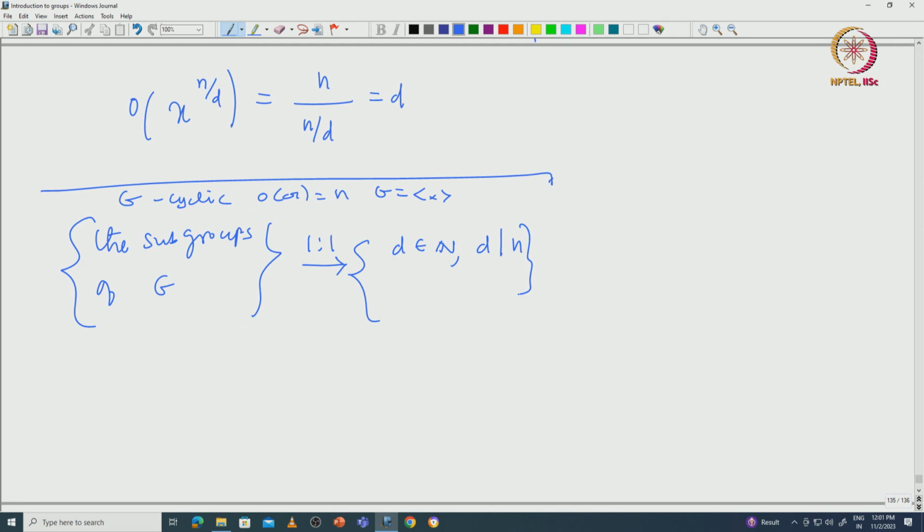Okay. Where the correspondence is given by D goes to the subgroup generated by x power n by d.